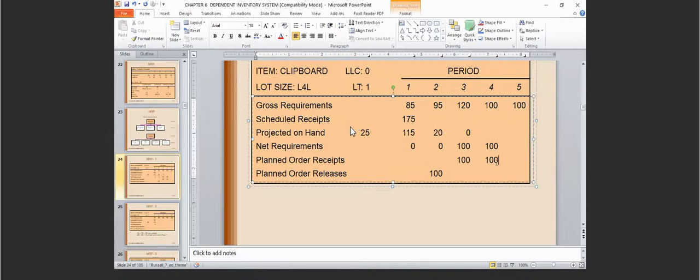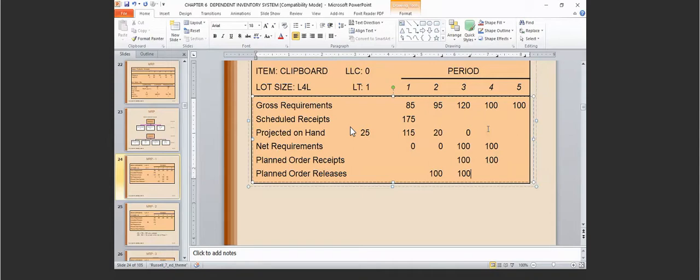And when to release the order, look at the lead time for the clipboard here, 1 period. So we go backward to period 3 and we have 100 unit of planned order release in period 3 that will be received in period 4 of 100 unit.